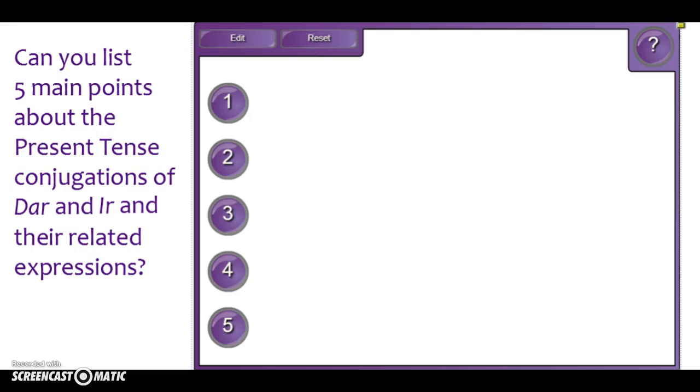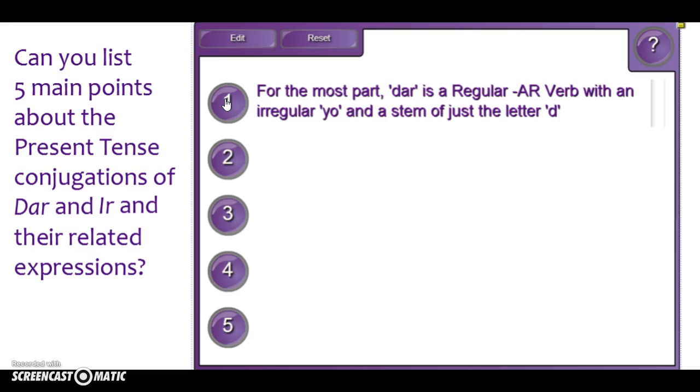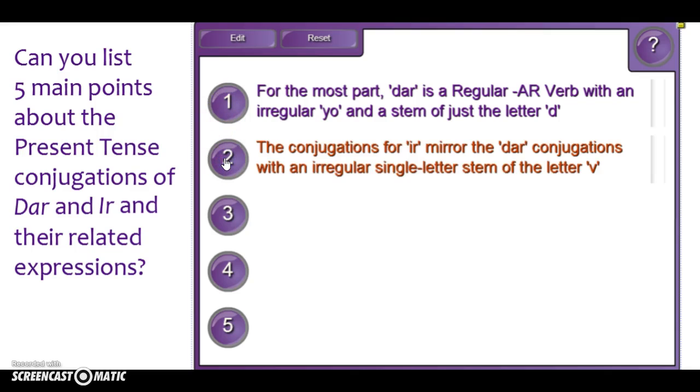So let's review. Can you put together five main points about what we've been talking about in the present tense conjugations of dar and ir and the expressions that might go along with them? First, dar is a pretty regular AR verb with an irregular yo form and a stem that just has the letter D. Ir is not regular in itself, but it does very closely resemble the dar conjugation.